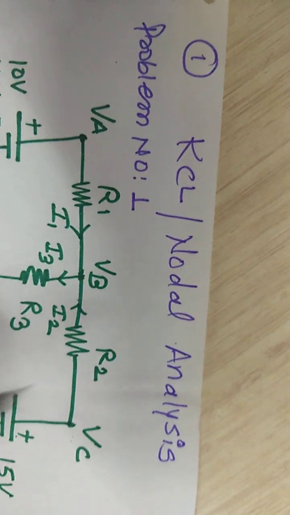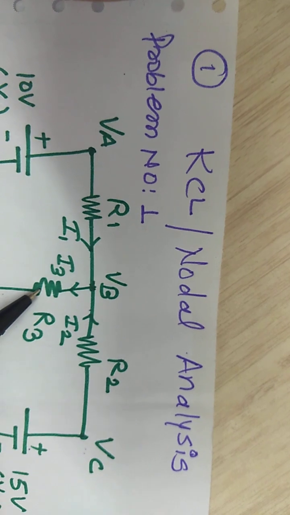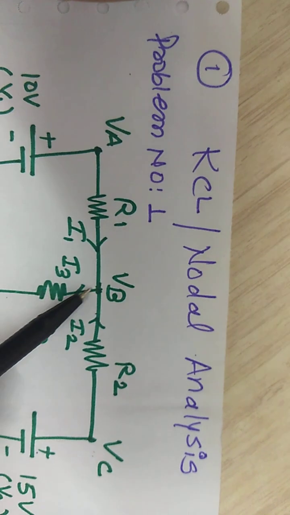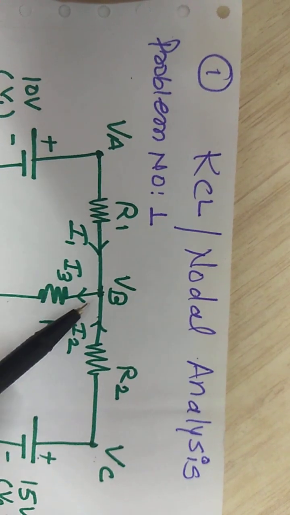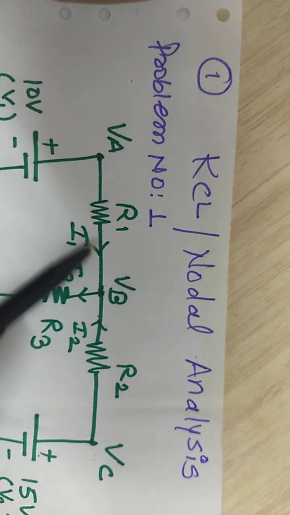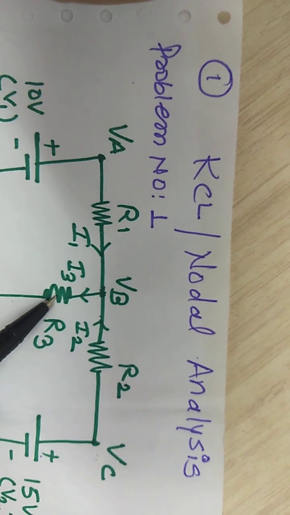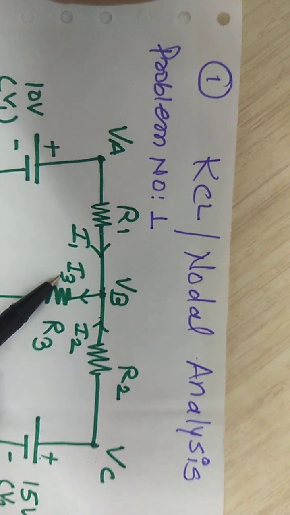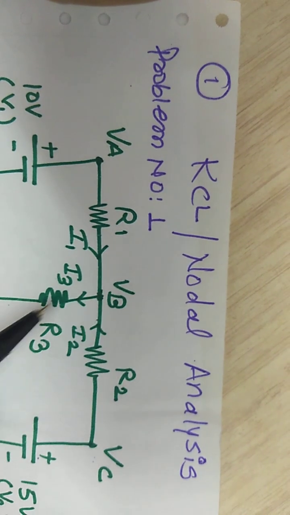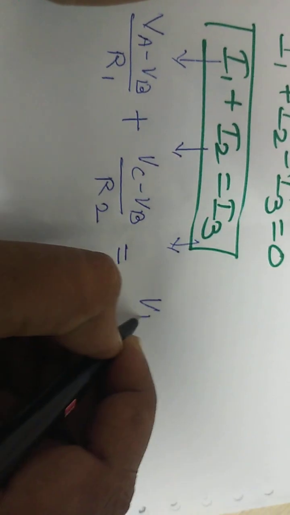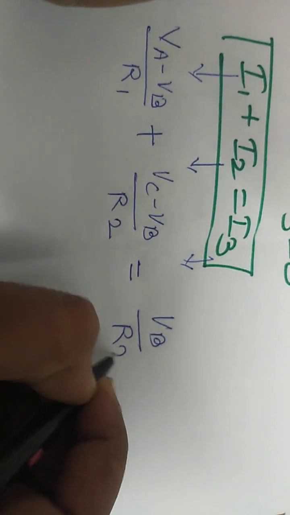Now this current I3 is not a current flowing due to a supply. Hence this current exists only due to the node VB, which means both are incoming currents and this is the current I3. But as per Ohm's law, we can find the current: current I is equal to V by R. Hence we can represent it as node VB divided by R3.